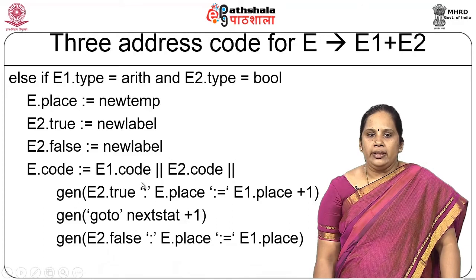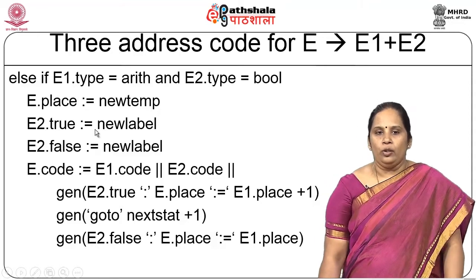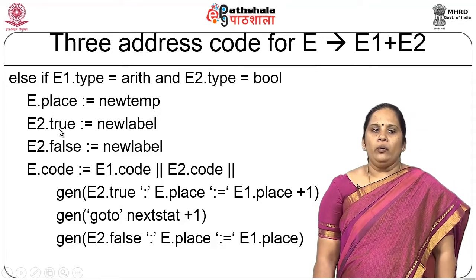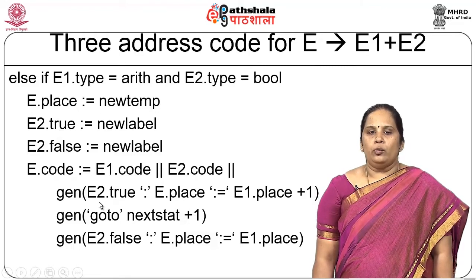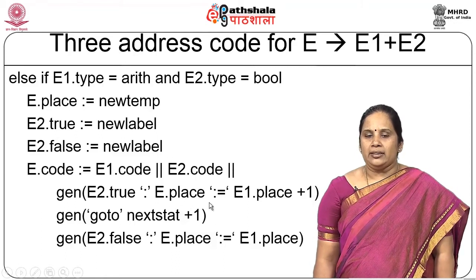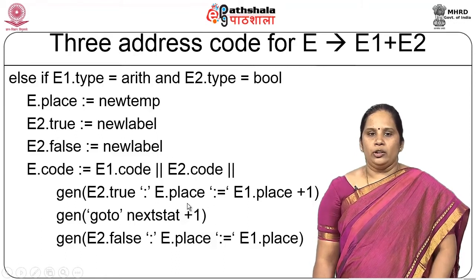So this is the three steps to 3 address code here. So first I am defining two new labels L1 and L2, for example, corresponding to E2 dot true and E2 dot false. So under E2 dot true's label, you should generate the code as, so this will be translated to L1. L1 is your label. This is the colon that is corresponding to every label.